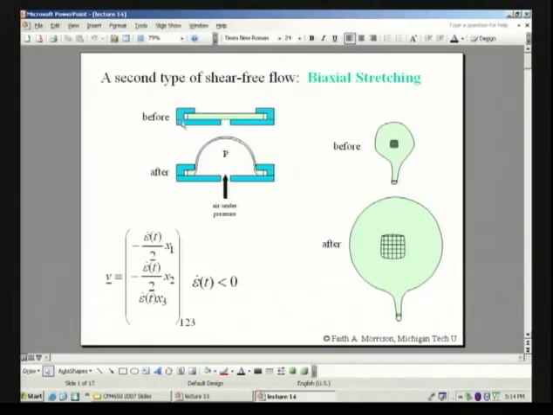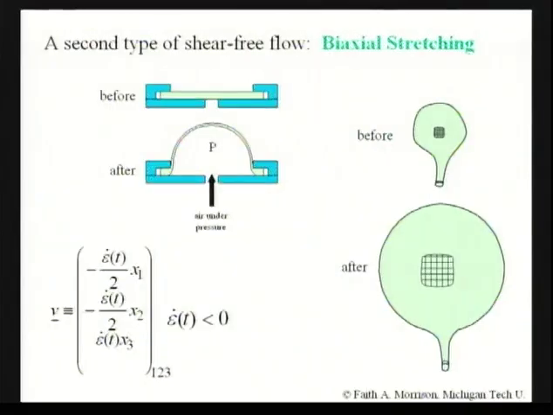Now, there are 2 more elongational flows that appear in the literature that I want to describe briefly here. These are also flows used to characterize non-Newtonian fluids. One is called biaxial stretching, and the other is called planar elongation. Biaxial stretching looks exactly the same as uniaxial stretching.